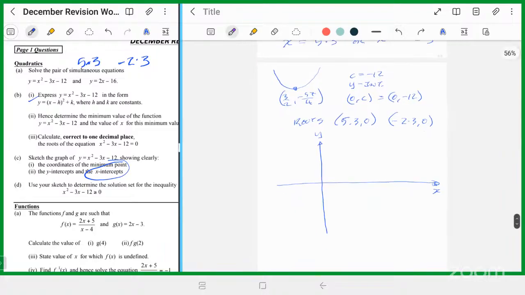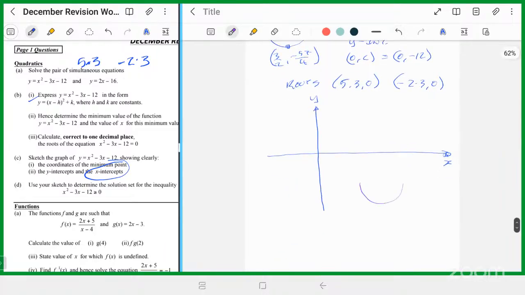So we need a curve that turns down here and crosses down here. Then it will cross the x-axis at negative 2.3 and positive 5.3. So it crosses the x-axis closer to the y-axis on this side where it's negative.